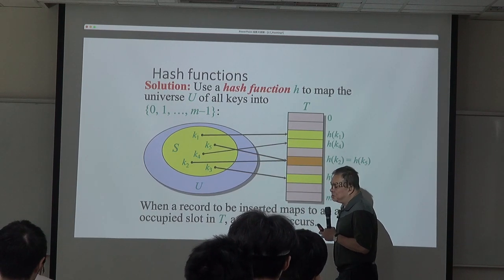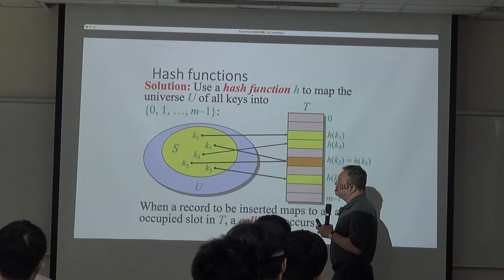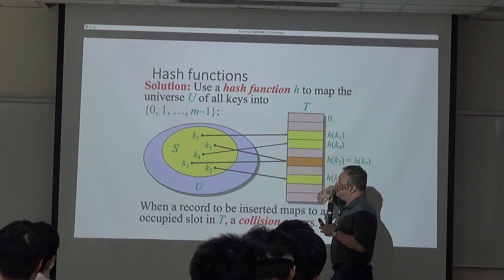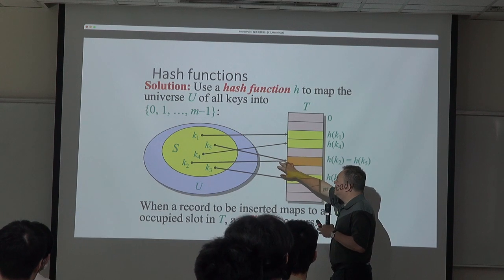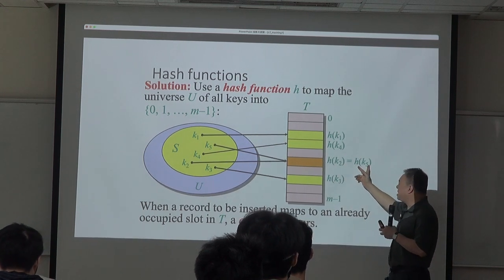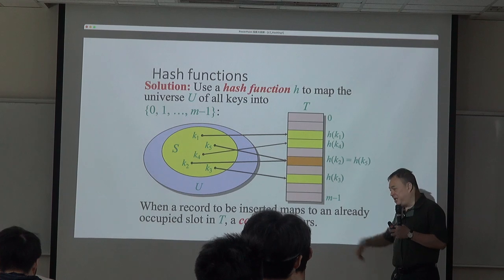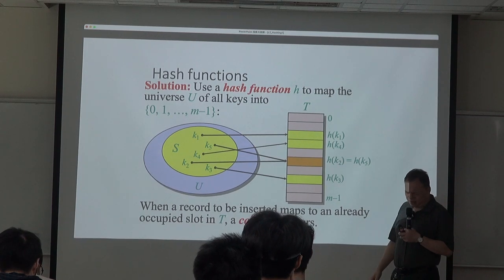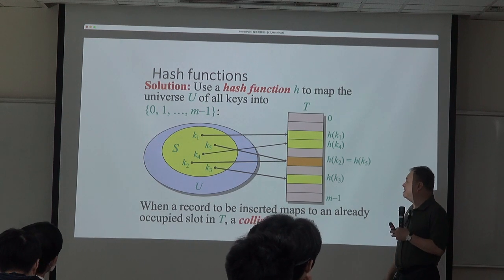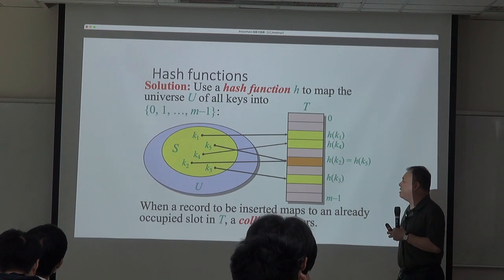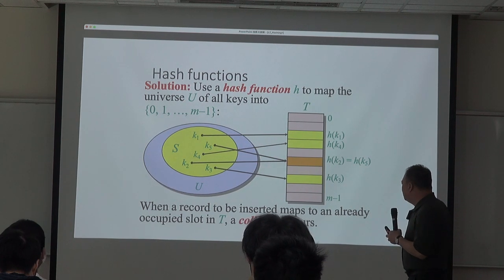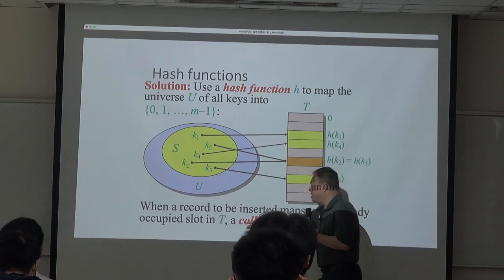Sometimes it happens that the hash function maps 2 keys into the same location, so we have h(K2) equal to h(K5). For the other keys, they are mapped to different locations, which is nice. But K2 and K5 happen to be mapped to the same location.